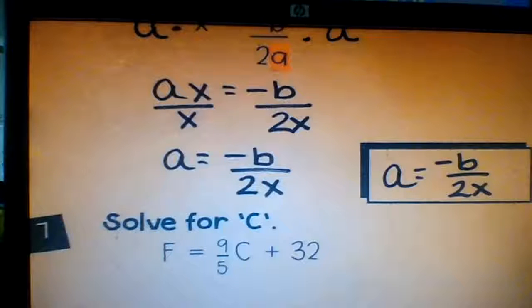And then multiply both sides by negative b. So you get negative b over x equals 2a. And then divide both sides by 2. So guess what? A still equals negative b divided by 2x.